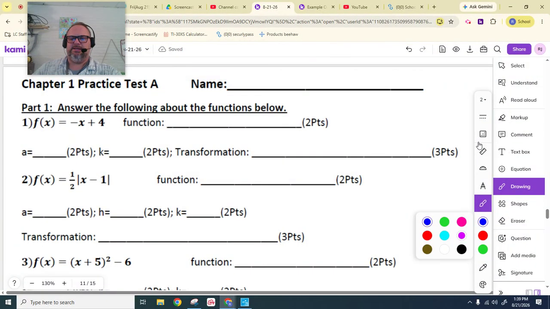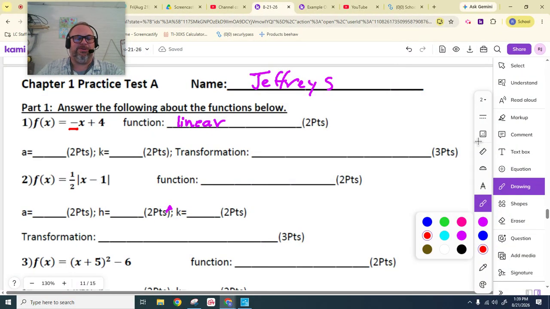All right. Let's see, that's purple. So, what type of function is this? Linear. By the way, the order of the functions probably won't change. So, all right.